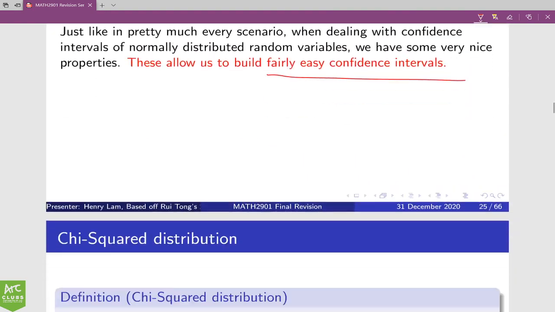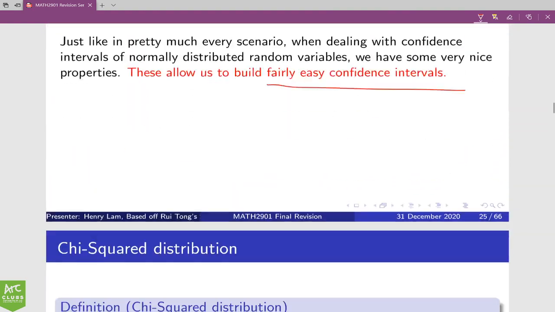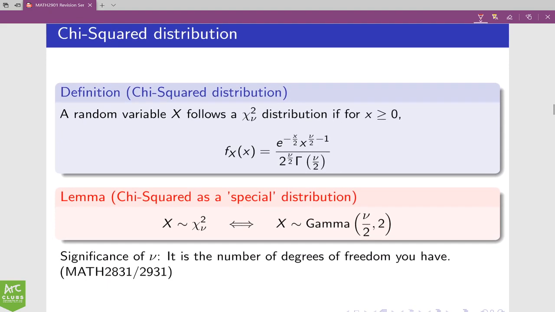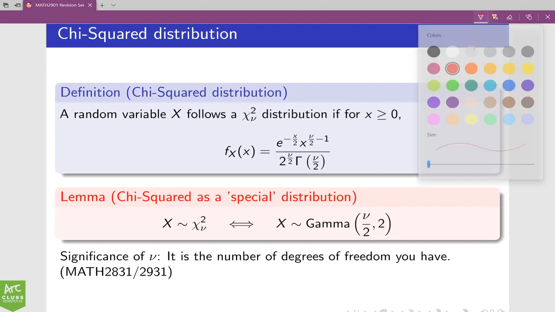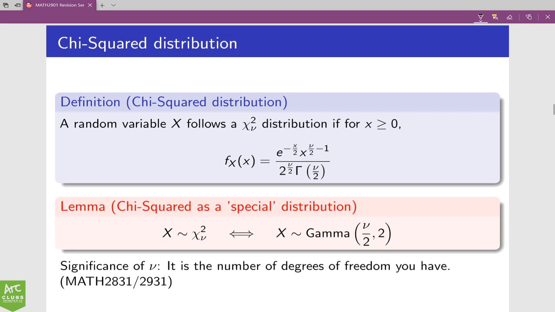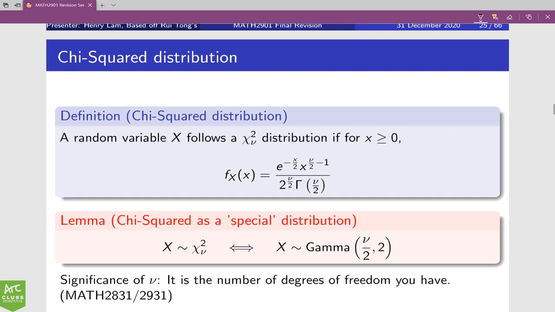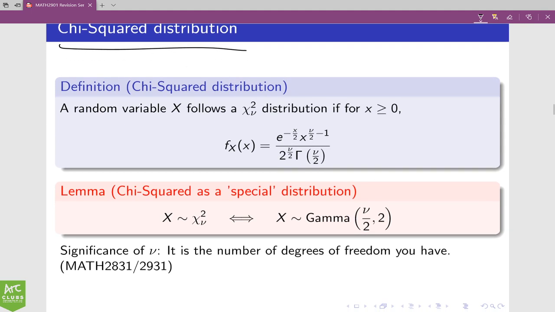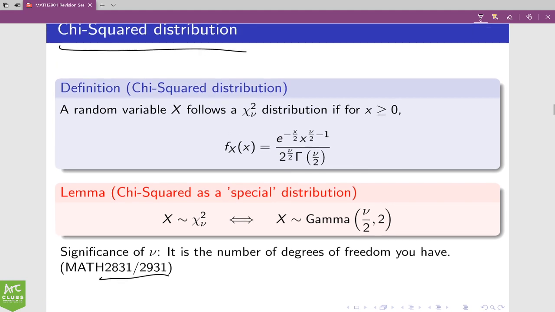Before we can actually go through that, I'll go through some preliminary shenanigans, so it justifies why we can do what we did in this instance. So we need to consider something called a chi-squared. This becomes more important in 2931 as well, so it's good to know it.